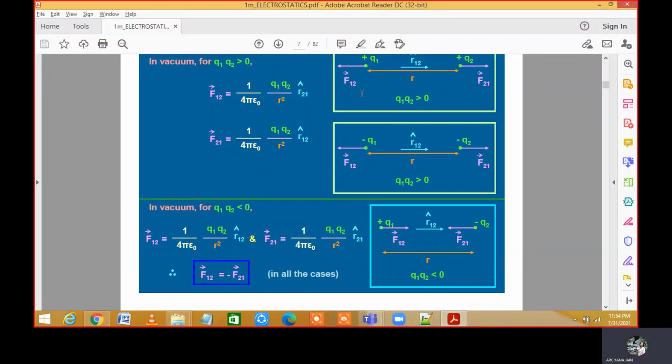See the first figure, F12 and F21 directions are opposite to each other. Charges are similar, they are repelling each other. In the case of attraction also, the directions of the two forces are opposite. See the figure? The direction of F12 is opposite to the direction of F21.